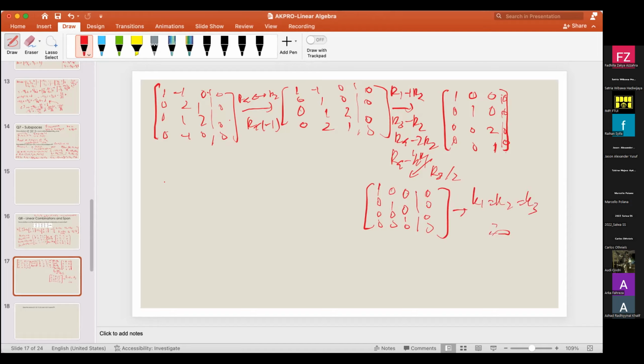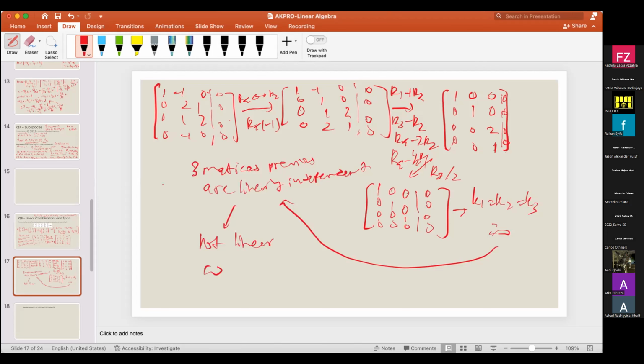the three matrices, let's just write this down here. The 3 matrices previously are linearly independent. And so they are not linear combinations of each other, or rather, they cannot be expressed as linear combinations of each other. And so we can conclude that this question cannot be solved, but rather, we've proven that they are linearly independent.